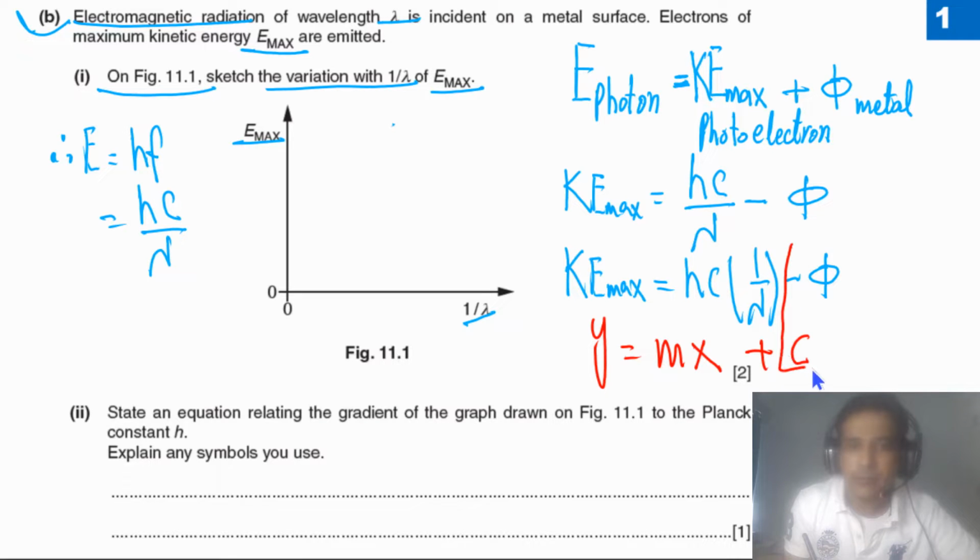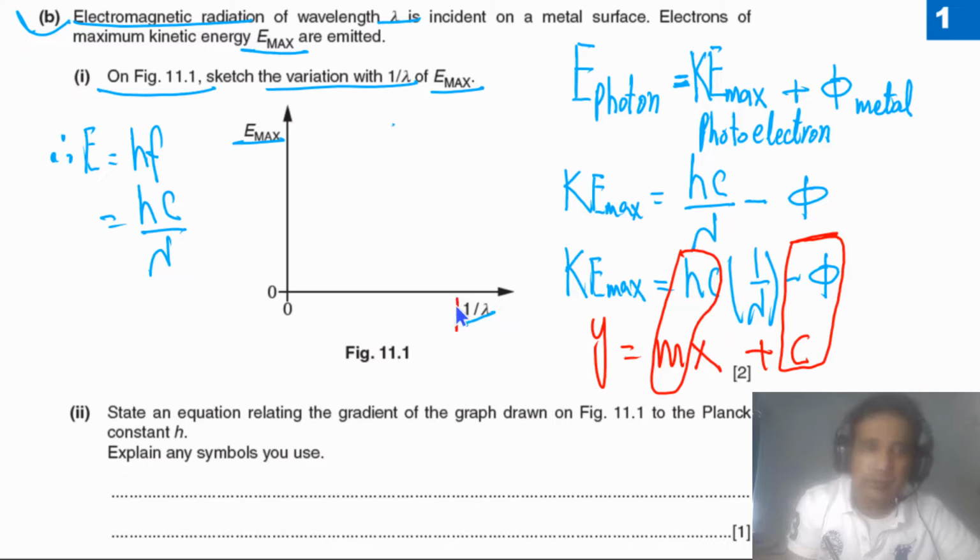From here we can see c is equal to negative work function, and the gradient in this case is equal to hc, and this is positive, so it means it's a straight line with positive gradient, because this is 1 over lambda.